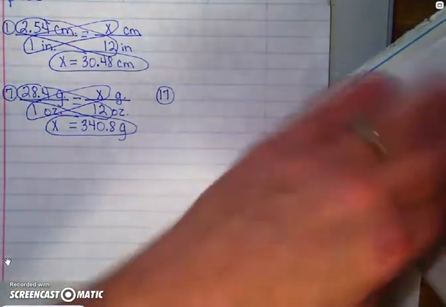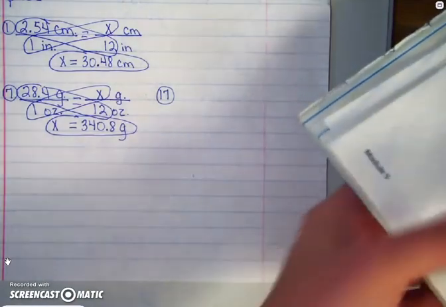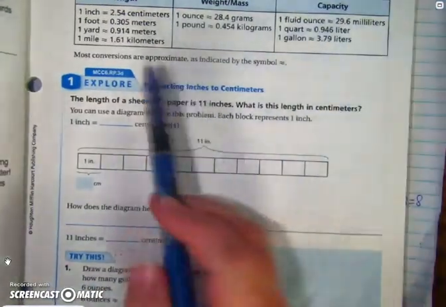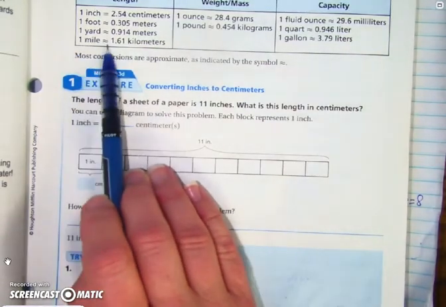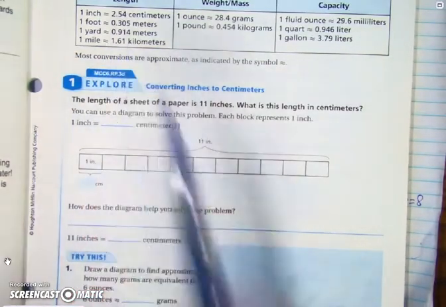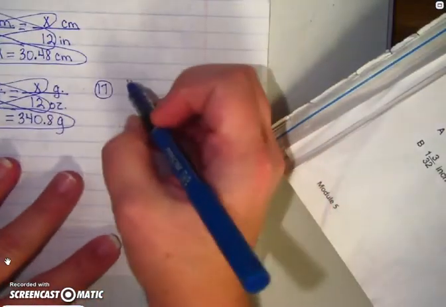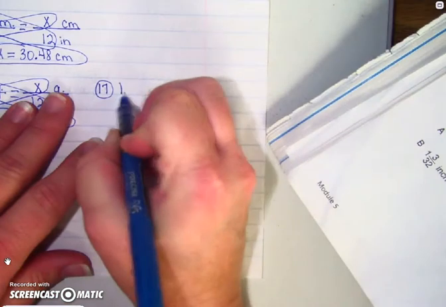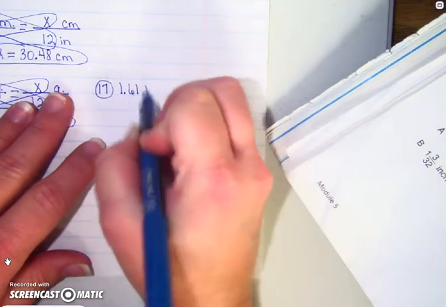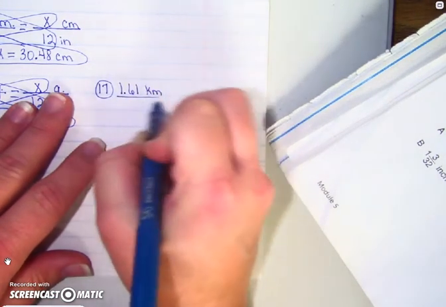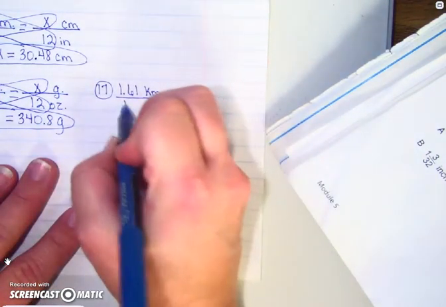We have to look for kilometers and miles. When we look back, we have that 1 mile is approximately equal to 1.61 kilometers. So we're going to write that conversion factor right here. 1.61, and we're going to abbreviate, is 1 mile.